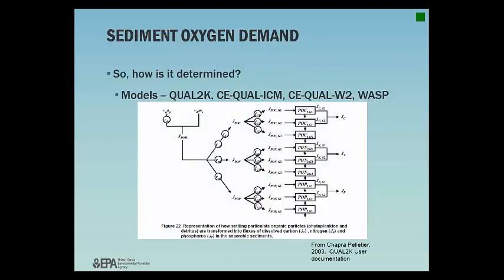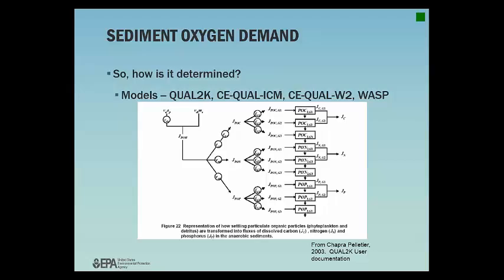So how can we account for changes in sediment oxygen demand as a function of regulatory or load reduction activities? Well, there are several water quality models out there now that include the ability to predict changes in sediment oxygen demand and nutrient fluxes as a change in external loadings. QUAL2K, CE-QUAL-ICM, CE-QUAL-W2, and WASP are a list of some of them.